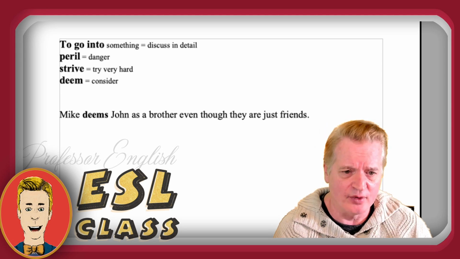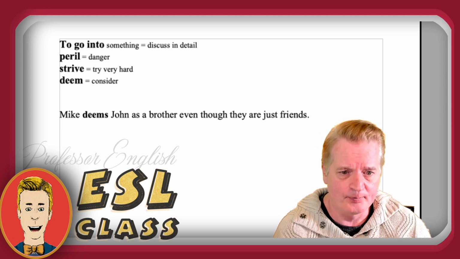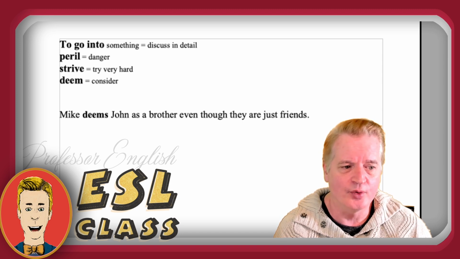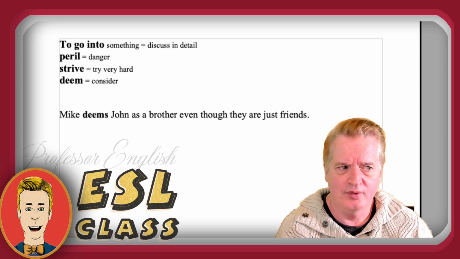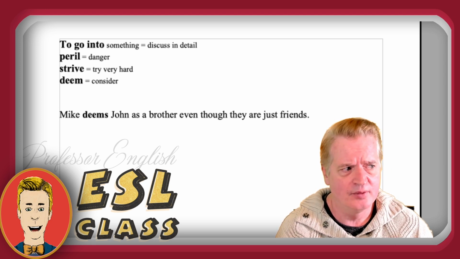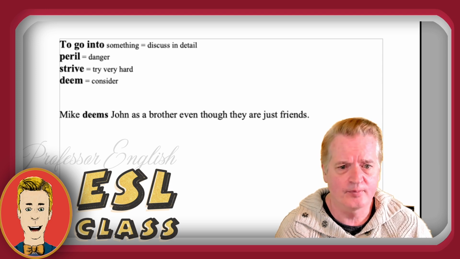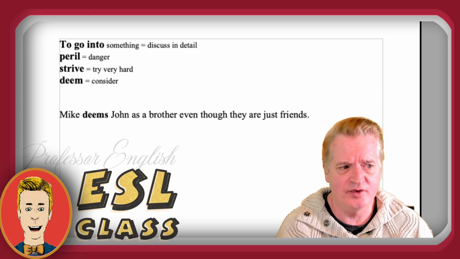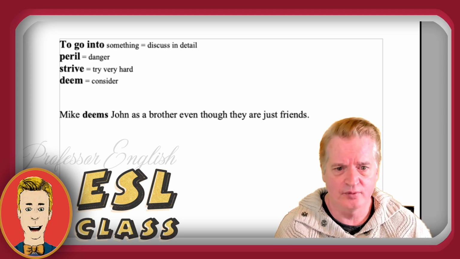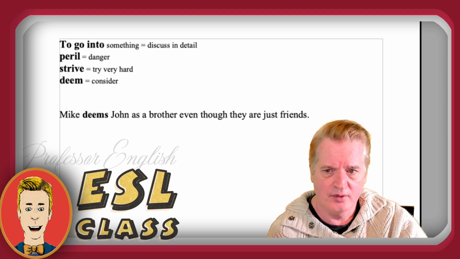That's better, because if you say it the other way, people may have difficulty understanding that actually. But he strives to be a good student. A good student. Strives to be a good student. He strives to be a good student.